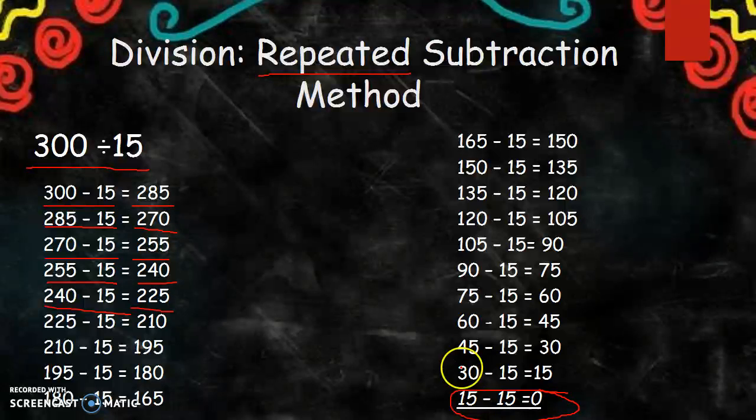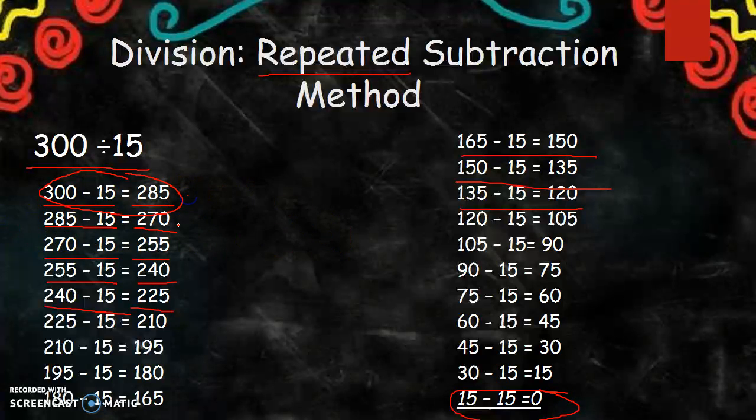Now, I went ahead and typed all of these up just to save some time, so I wouldn't have to go over each one of them. But as you can see, we finally got to 15 minus 15, which is 0. So once you get to 0, then you count how many times you had to subtract the 15.